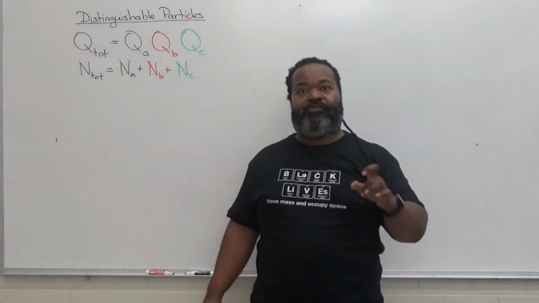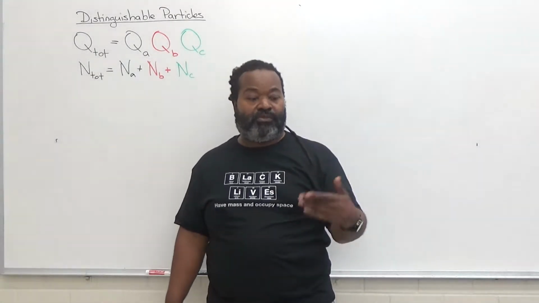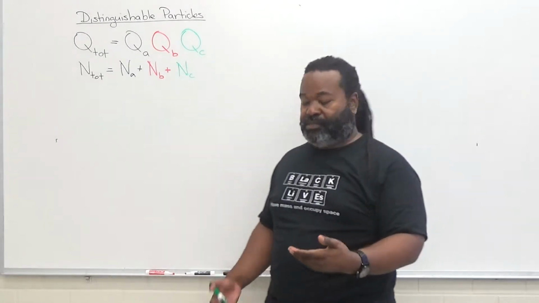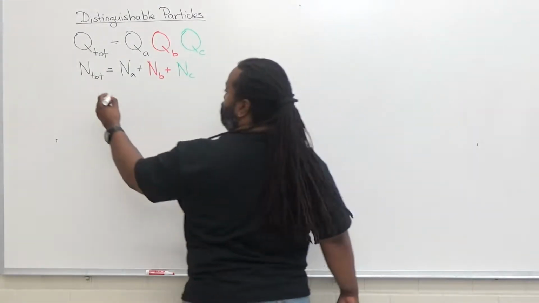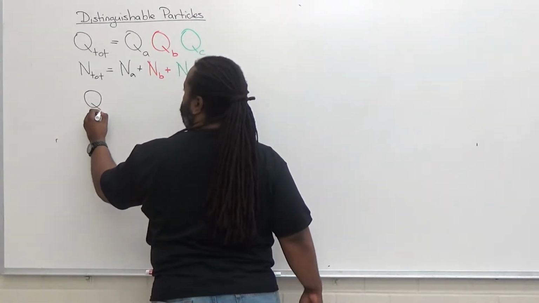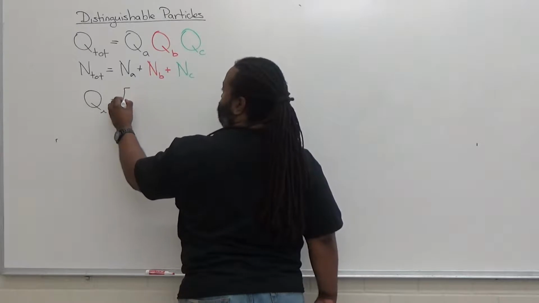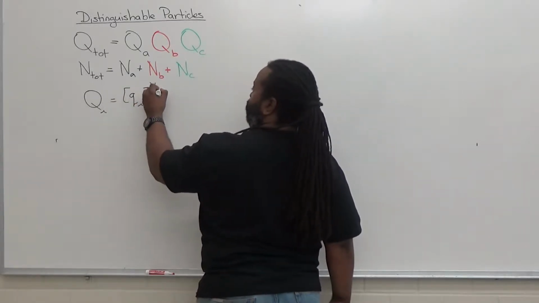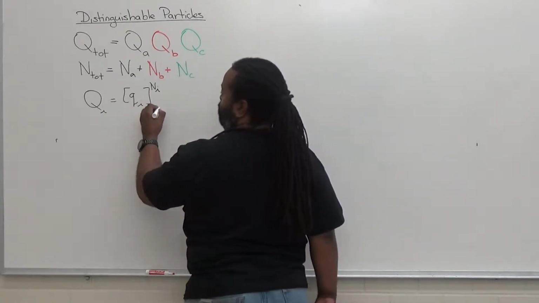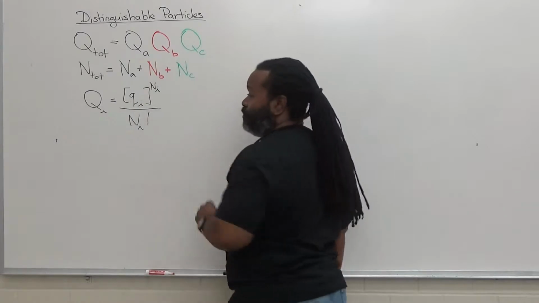Now, for each individual particle type, the partition function will look pretty much identical. So, in that case, I'm just going to use the black marker to show that the full partition function for an individual is going to be the little q for that individual raised to the number of particles of that individual type divided by its factorial.